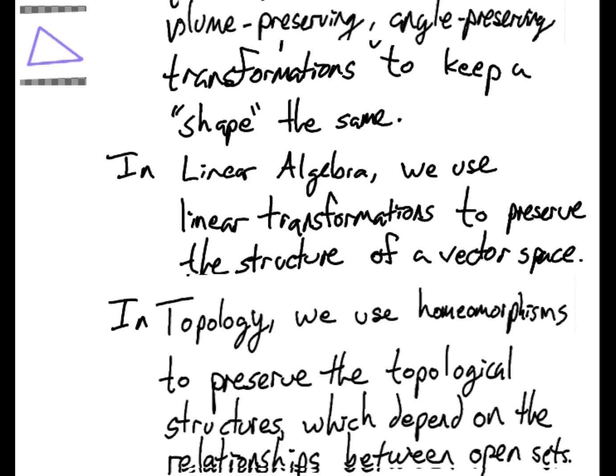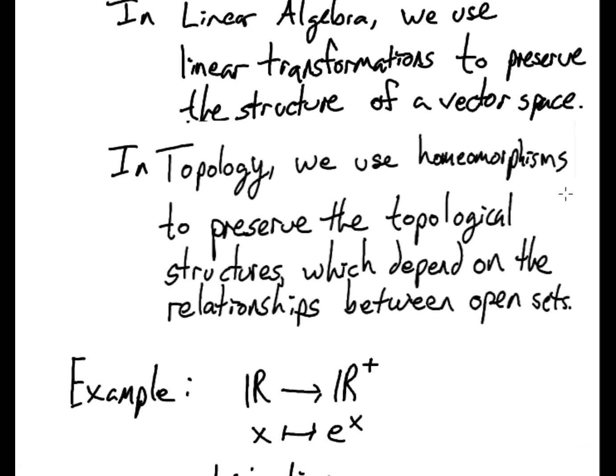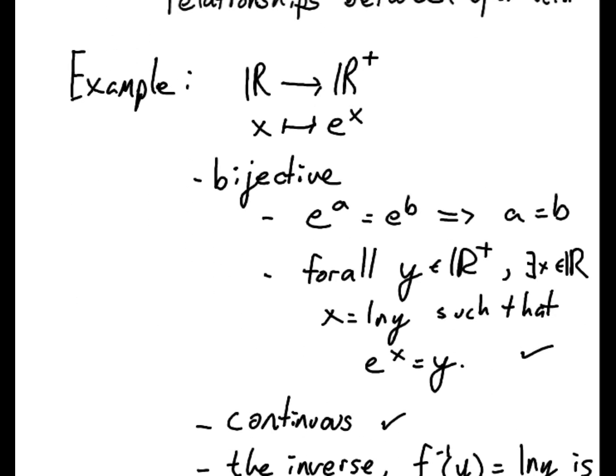So here, the fundamental thing that we need is homeomorphisms, because we need to make sure that open sets get mapped to other open sets. We need to make sure that we preserve all of the properties that are built from this idea of open sets. So here is an example.